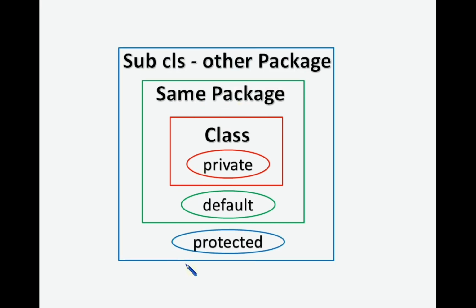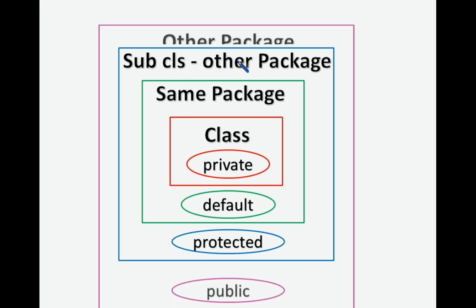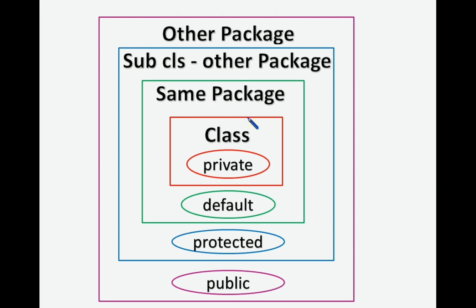If it is protected, it is accessible within the same package and also in subclasses in other packages. What about public? Public has the widest visibility level, which includes the class, same package, other package subclasses and other package non-subclasses also.